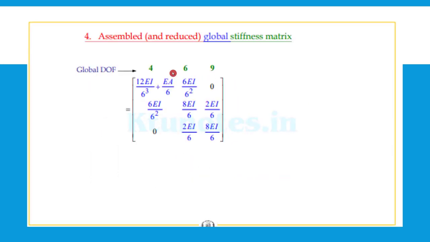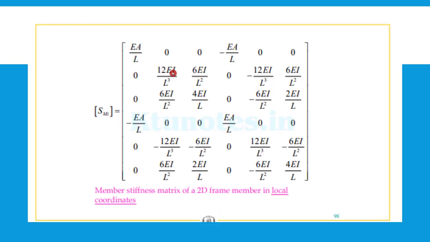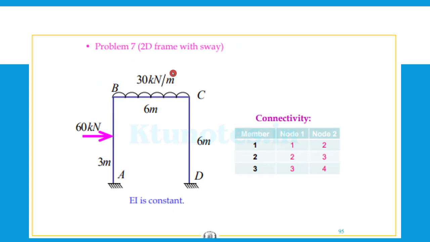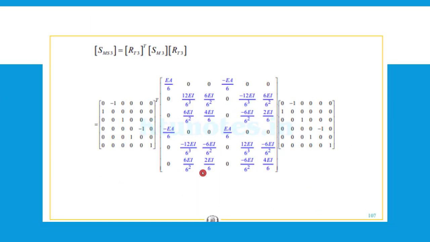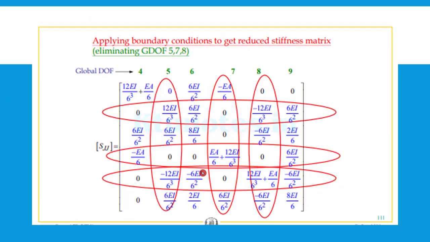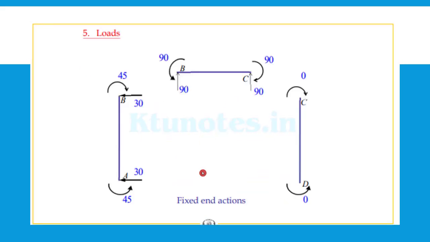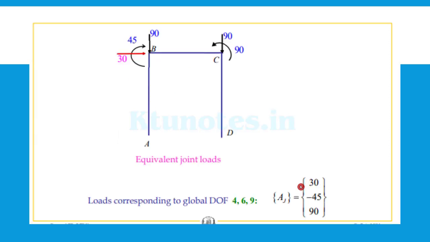Then the loads. In the problem you know that there will be equivalent loads for the member AB as well as BC, and CD has no load. Okay, so the member AB will have the equivalent joint load, the BC will have equivalent joint load, and CD nothing will be there as fixed action.